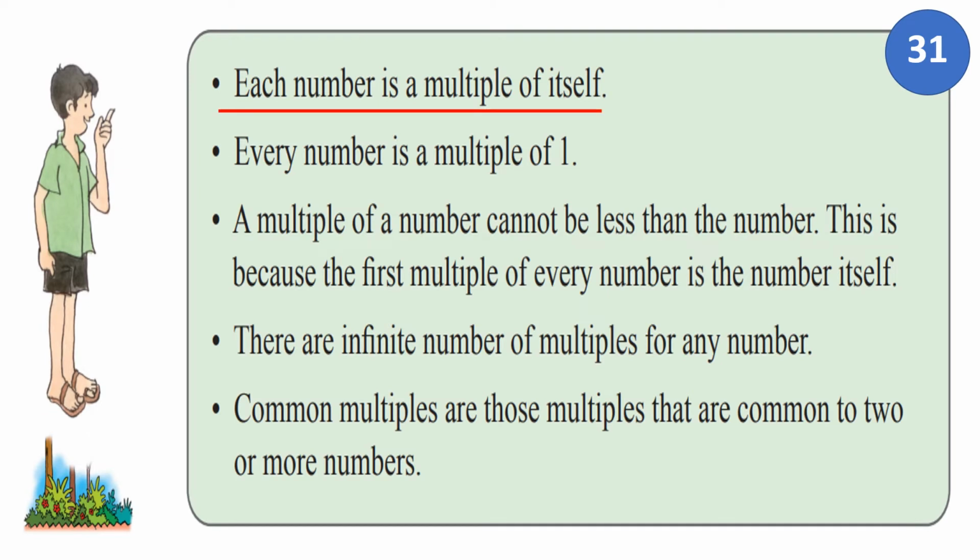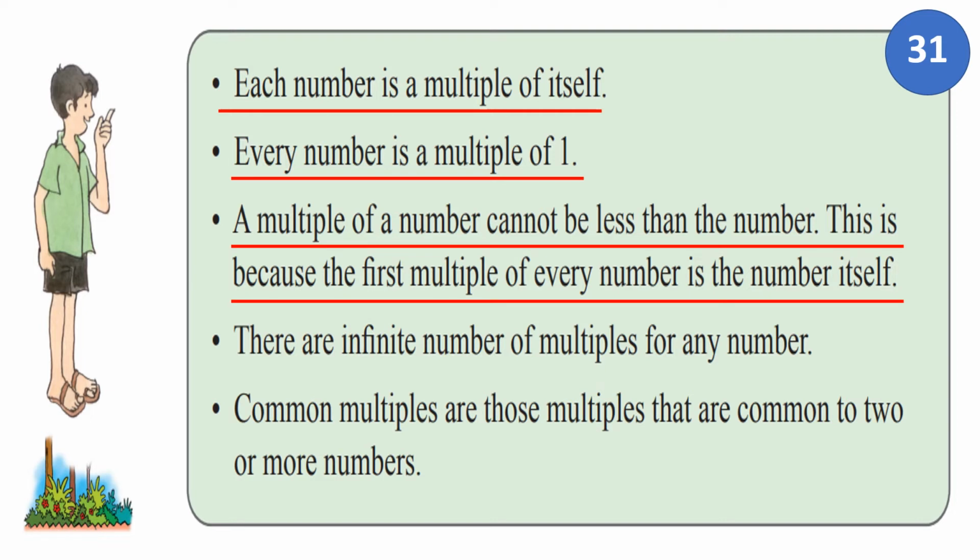Each number is a multiple of itself. Every number is a multiple of 1. A multiple of a number cannot be less than the number. This is because the first multiple of every number is the number itself.